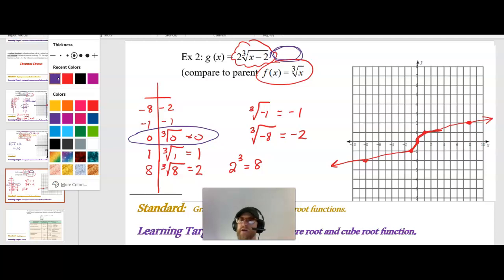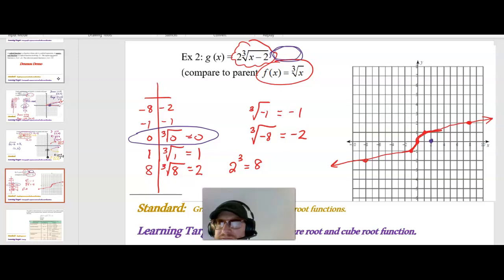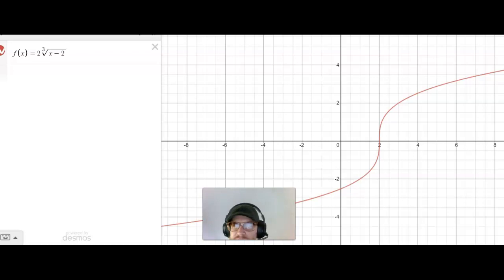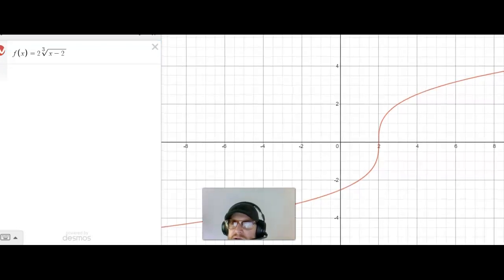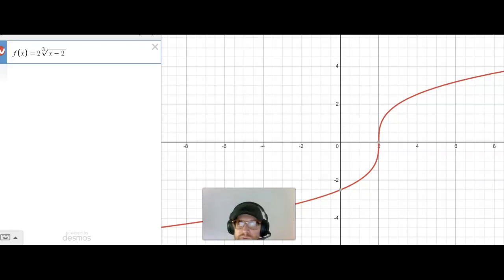So all you need to be able to do is go to Desmos or a graphing calculator and find a few points on the graph. So 2, 0 is on my graph. It looks like 10 goes to 4. It looks like 3 goes to 2. So let me go back.